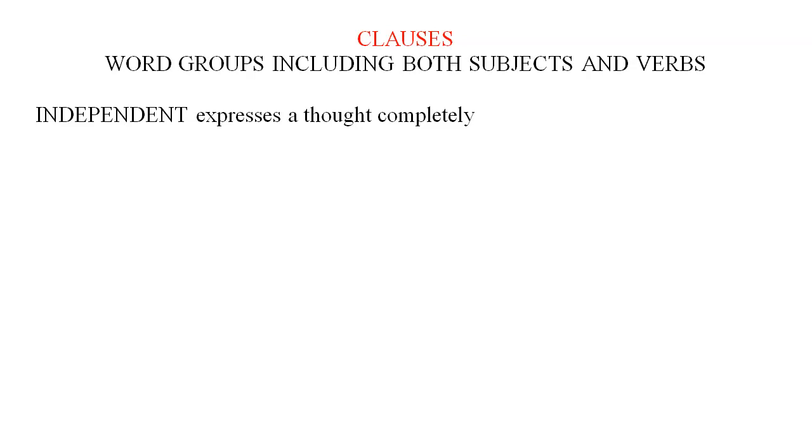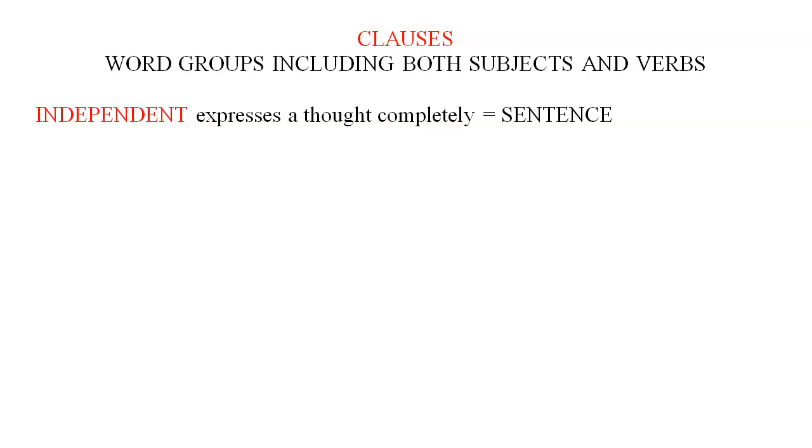First, let's consider the independent clause, which expresses a thought completely. It does its job of telling a story all by itself. As you may have noticed, you already have encountered this idea of an independent clause. In fact, every complete sentence is an independent clause.